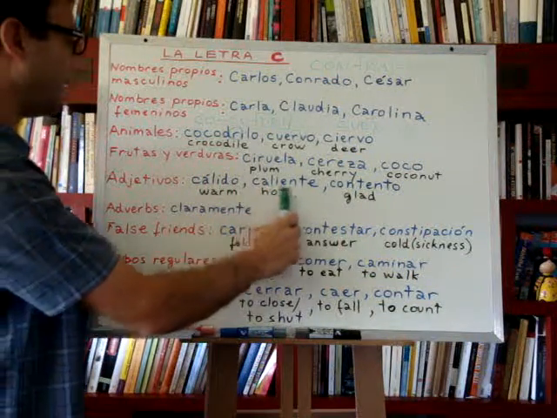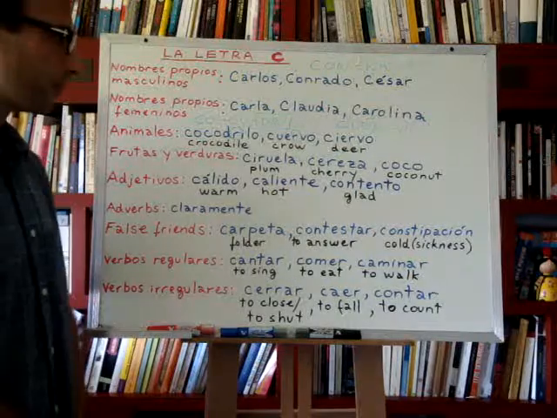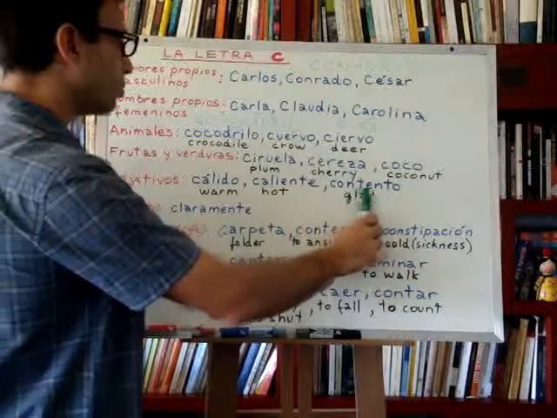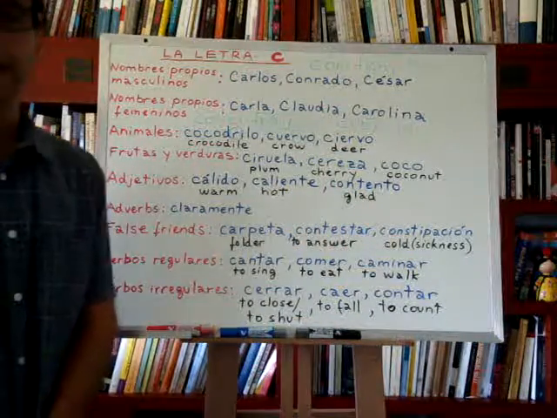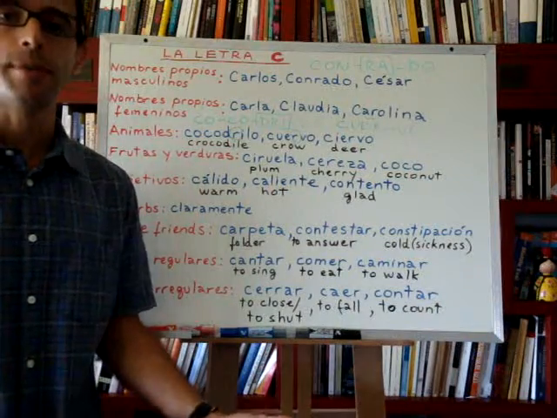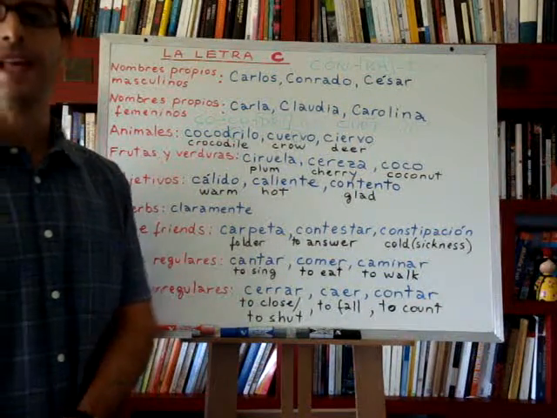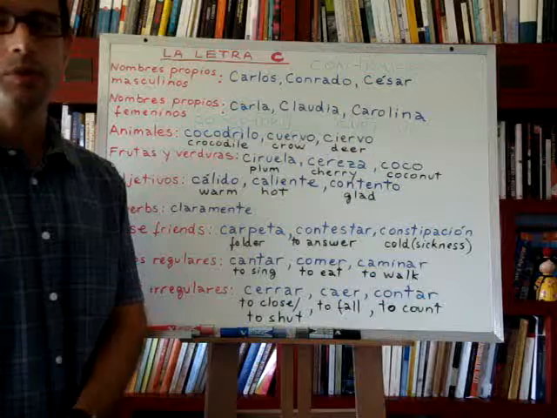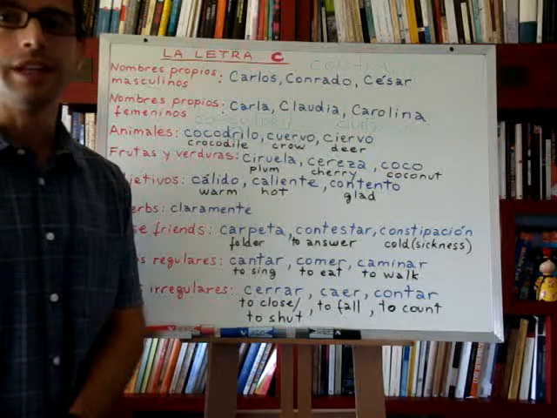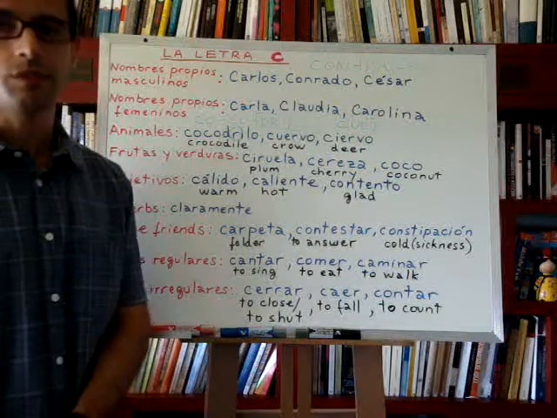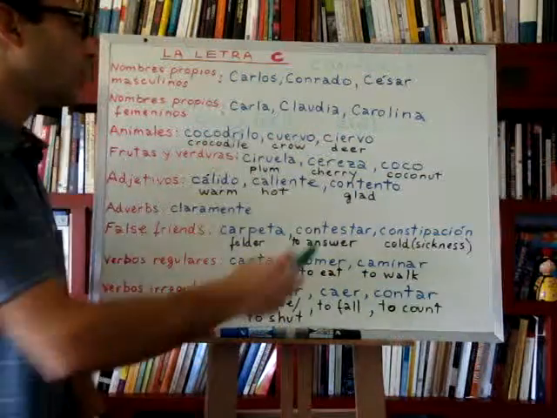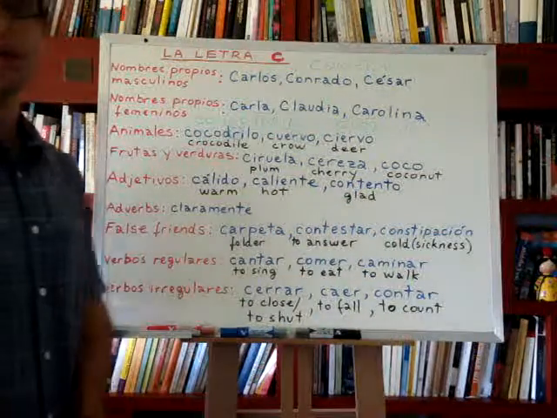Cálido, caliente, right? And contento. Contento means glad. Can also be happy, but it's more related to glad, right? Happy would probably be feliz. Feliz would be happy. Contento would be glad, okay?